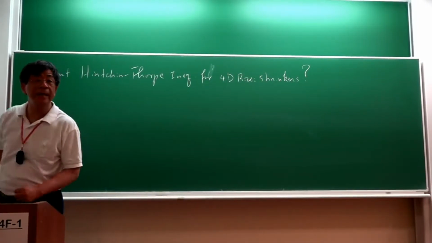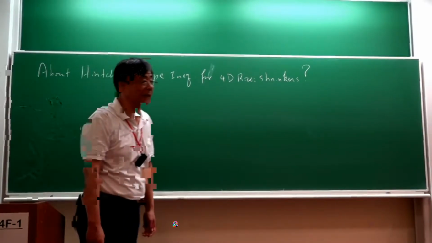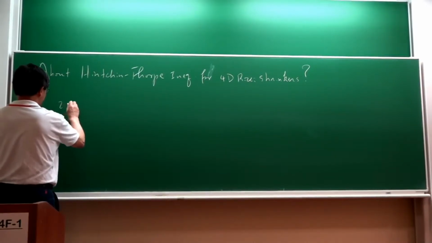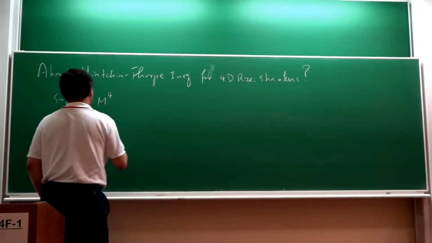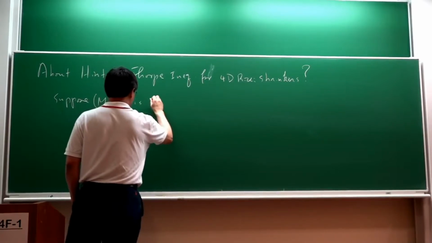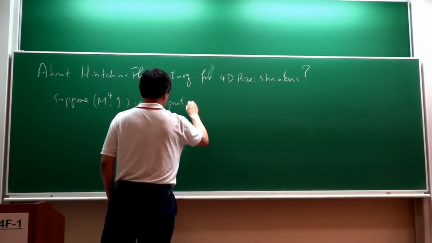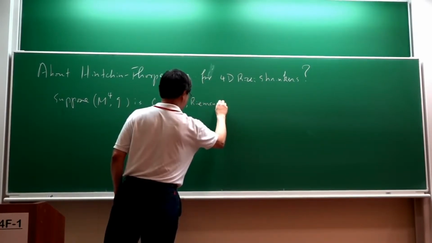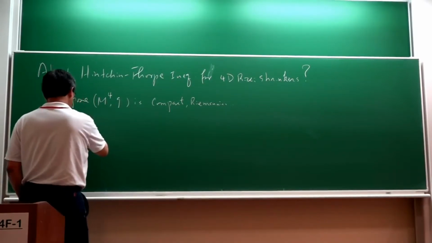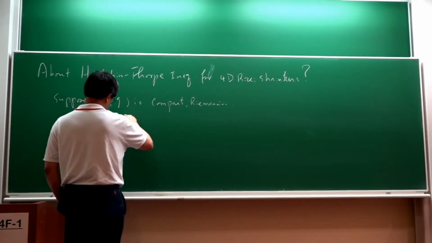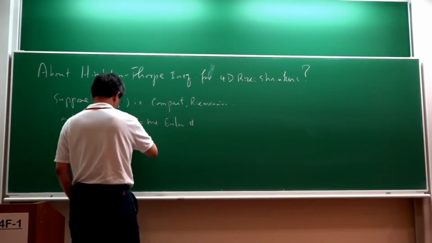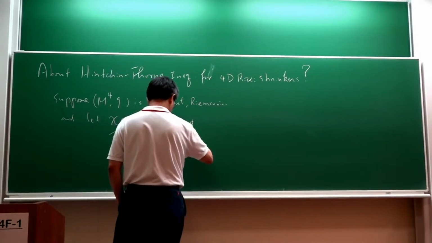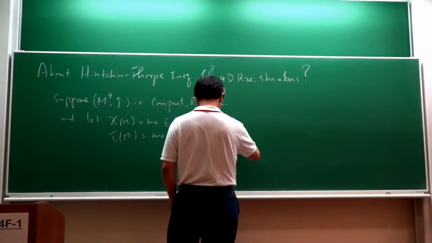So notice that, of course, it's a topological quantity. So suppose M4, G is compact, and let chi of M be the Euler number, tau of M be the signature of M4.